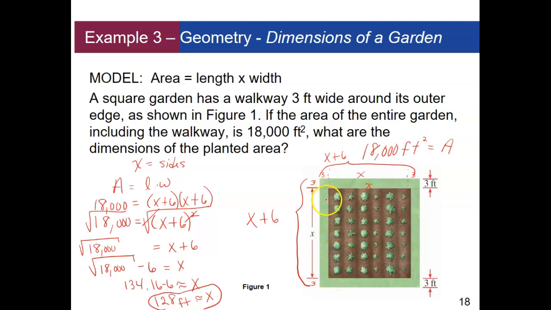So it'll be 128 this way, and it'll be 128 across. We don't really like to say, oh, the length of a garden is the square root of 18,000 minus 6, because people have a hard time wrapping their mind around what that means. So generally in word problems, we are going to go ahead and give an approximation for that using the calculator.